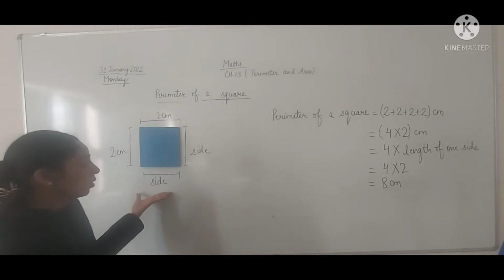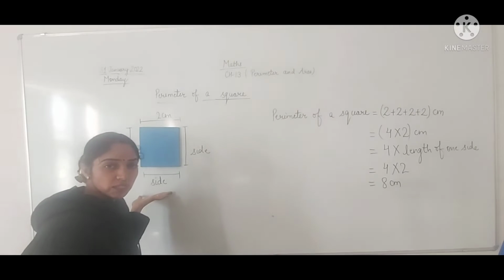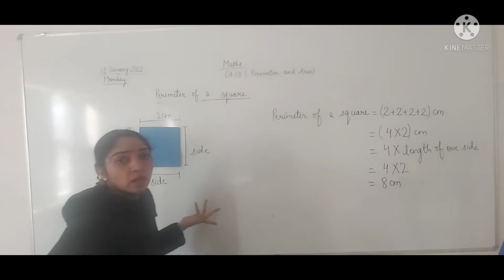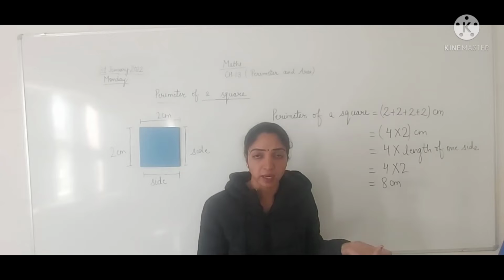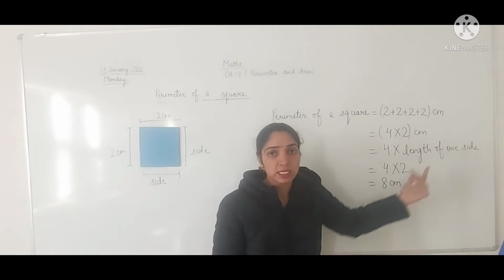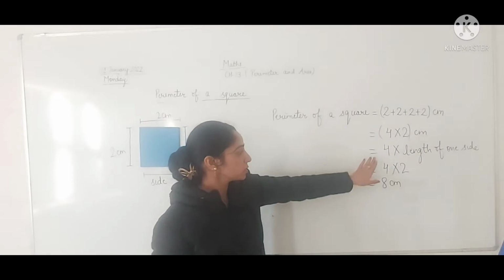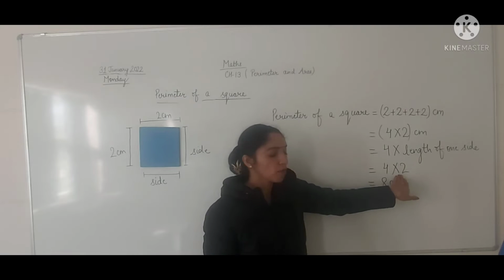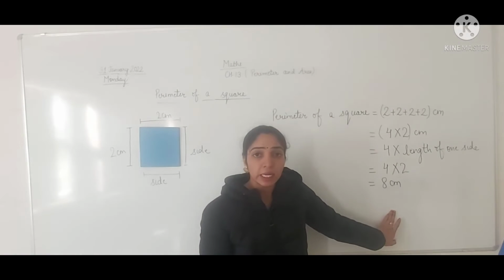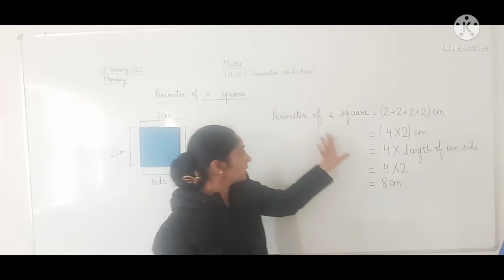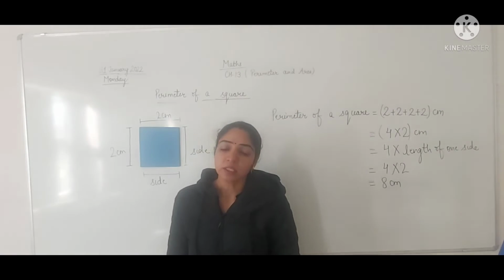This is the side, or we can say the length of each side. This is the length of one side of a square. Okay, so 4 multiply 2 is equal to 8. So 8 centimeter is the perimeter of a square.